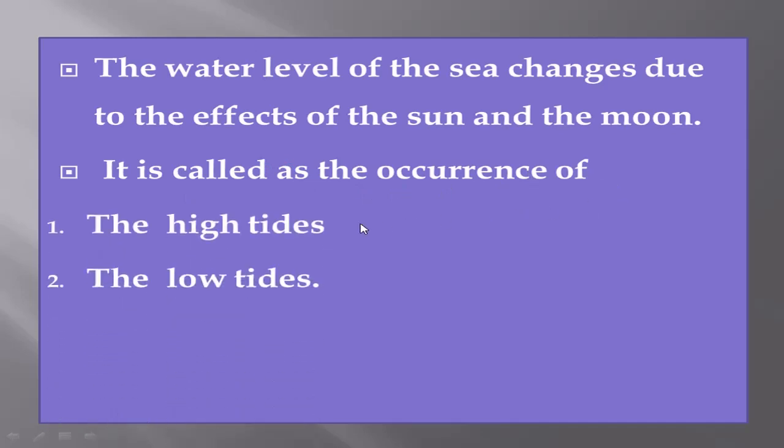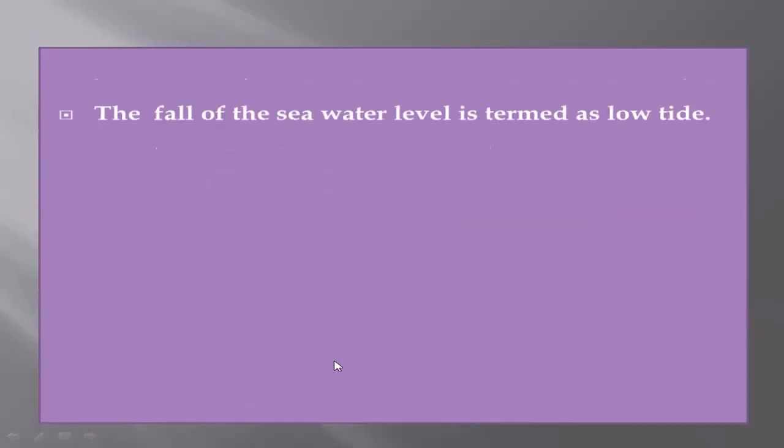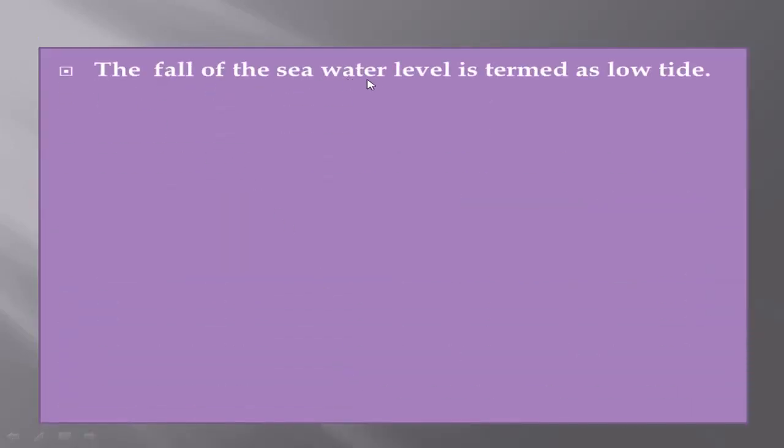What do high tides mean? The rising of the sea water level is named high tides. So what is the low tide? The fall of the sea water level is termed low tides.